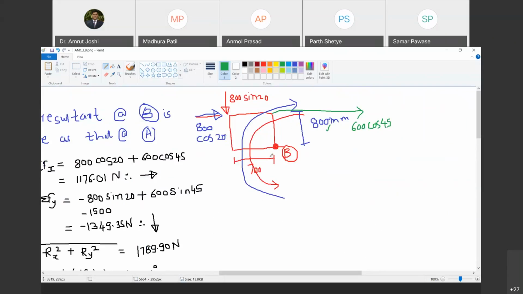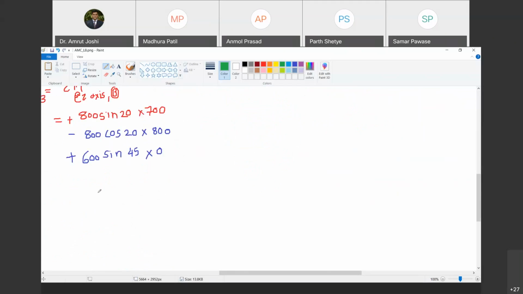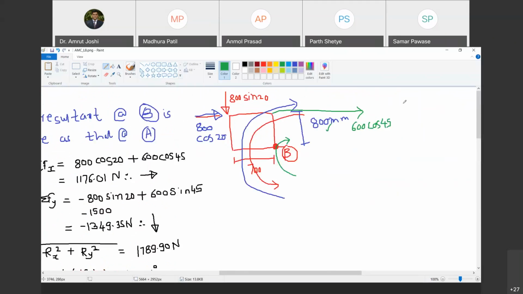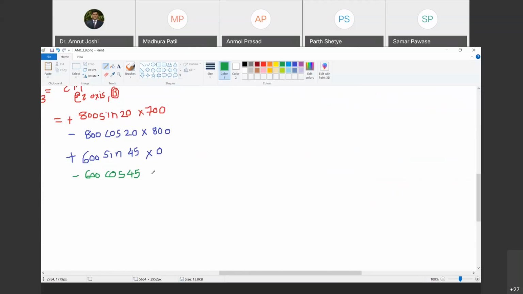And what kind of moment does it produce? Clockwise or anti-clockwise? Clockwise. So I am writing it as clockwise. So minus 600 cos 45. This color code I am maintaining so that later on if you refer to this, you will easily get the sign and everything. So 600 cos 45 multiplied by 800. Do you agree with me? Yes, sir.